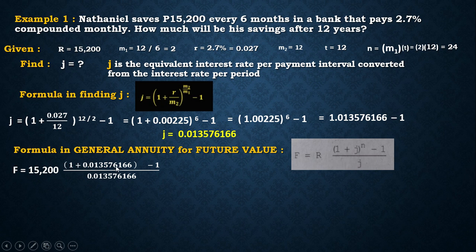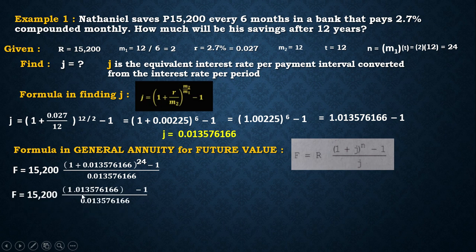Pinalitan po natin siya. 0.013576166. And then yung N natin, ito po siya, which is 24. Minus 1. And then divided by 0.013576166. Ang next step po natin, i-add po muna natin itong part na to. Walang gagalawin dito, dito, at dito.